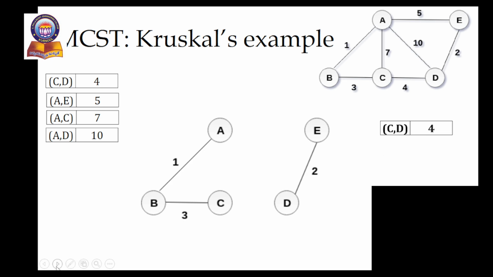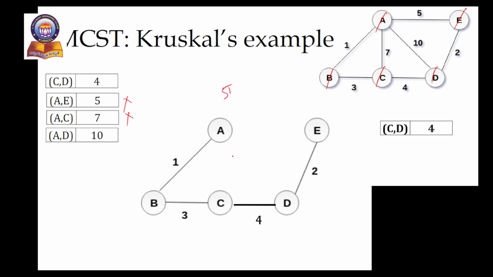So B to C, and the next minimum will be C to D with the cost equal to 4. And we cannot connect from A to E because a cycle will be formed. We cannot connect from A to C because if you draw this A to C, a cycle will be formed. And moreover, all the vertices, A, B, C, D, E, are present within this spanning tree, and that is how we can stop.